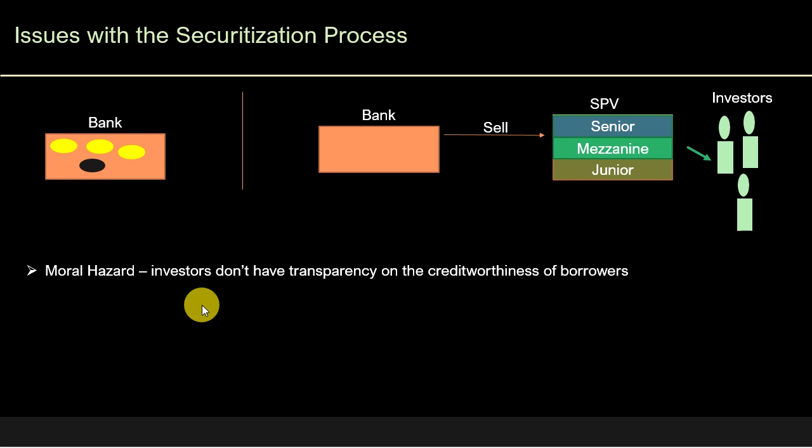One of the main reasons was that it was not transparent, and also some banks which were supposed to transfer credit risk also acquired credit risk as part of the lucrative asset-backed securities market, and this led to the downfall of some of the banks.